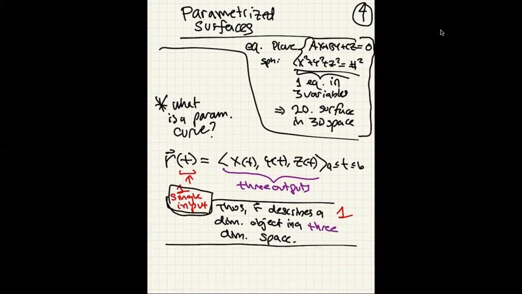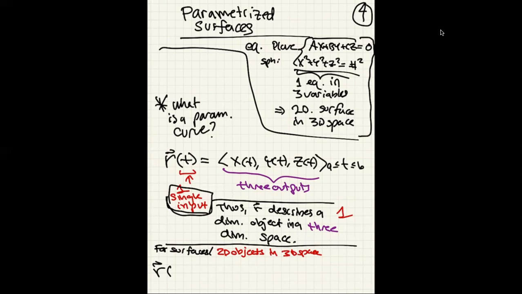So for surfaces, which are 2D objects in 3D space, what we'll have is an r, and I'm going to change the variable. I don't like to use t; I really like t for when I am talking about a single variable input.